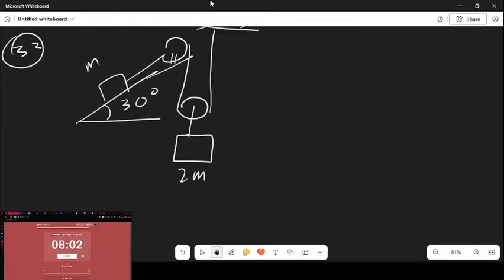All the surfaces are frictionless and the pulleys and the string are light.